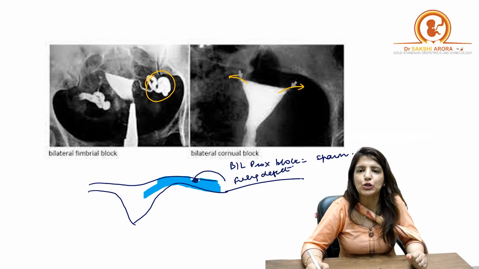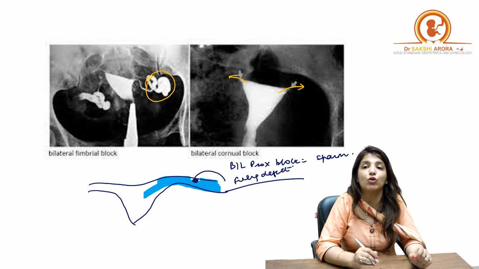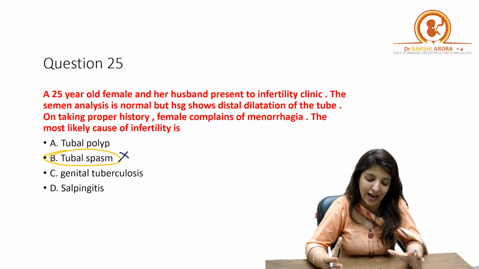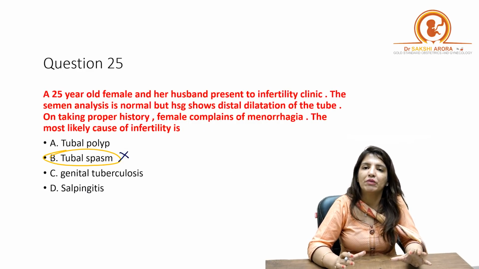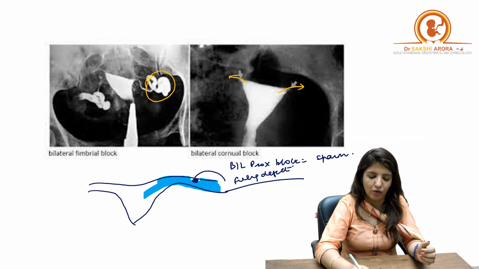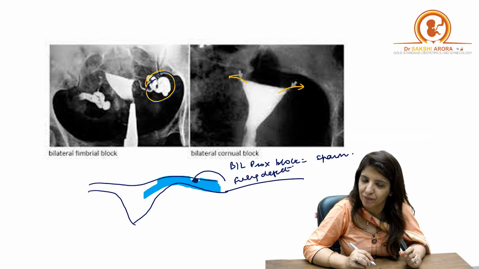A polyp will never give you an image of distal dilatation of the tube, right? Distal dilatation of the tube means that the fimbrial end of the tube is blocked, and that is why you are getting dilatation, right?